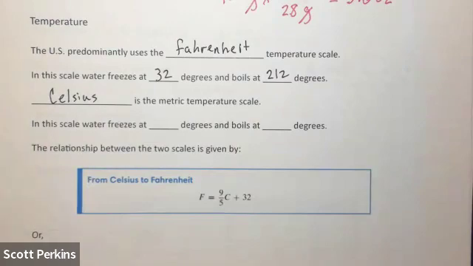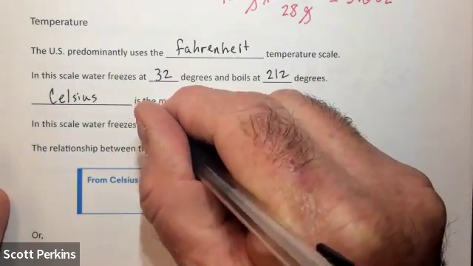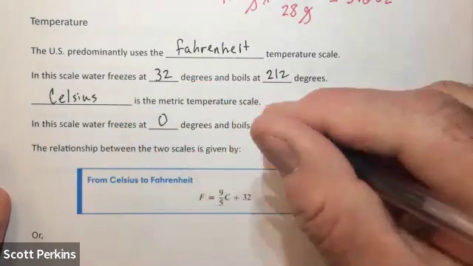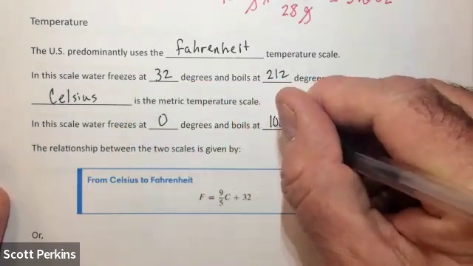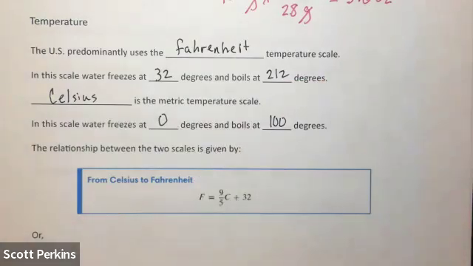And again, like everything in the metric system, the Celsius scale is based on base 10. So the assumptions that Celsius went with when he invented this scale is he said, okay, I'm going to make the value that water freezes at 0 degrees and the value water boils at 100 degrees. And so now it's all base 10 and everything is between that.